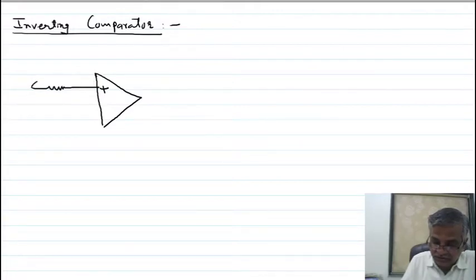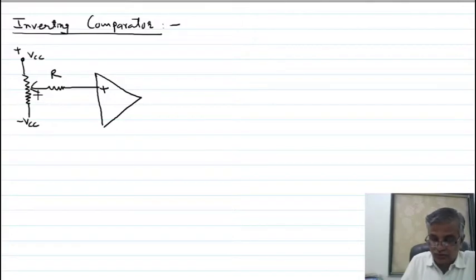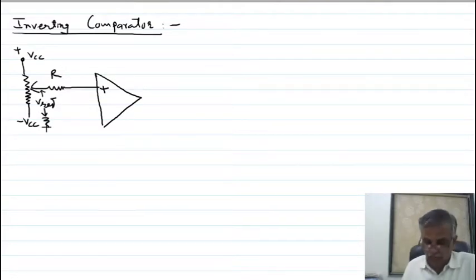You can see here I have given the reference voltage with the help of a potentiometric circuit. This is a reference voltage. It is with respect to ground, not with respect to this. The ground is separate everything.